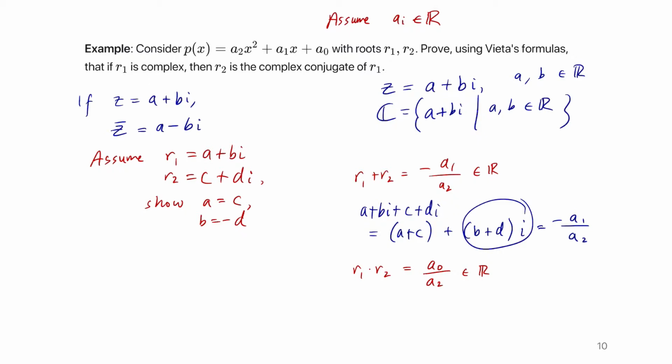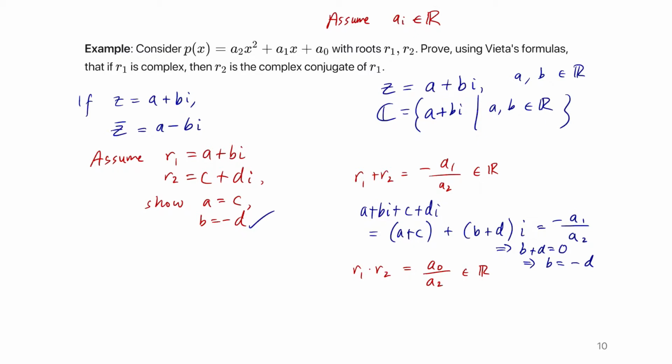Is that clear? And so what we can infer from this is that B plus D is 0, which tells us B and D are negatives of one another. So that's part of the battle, and we've really done this first part. So we know that if R1 is A plus BI, R2 is C minus BI.